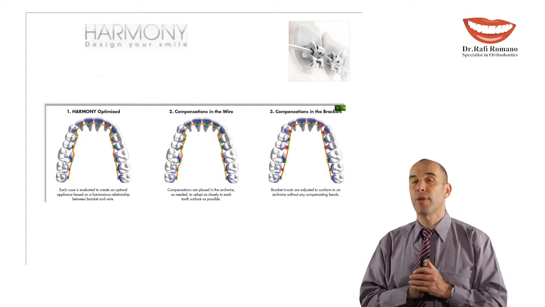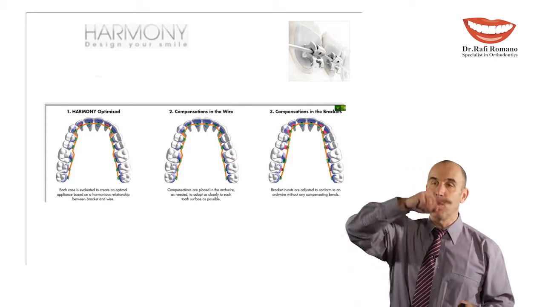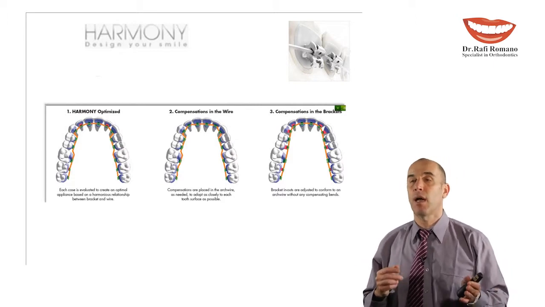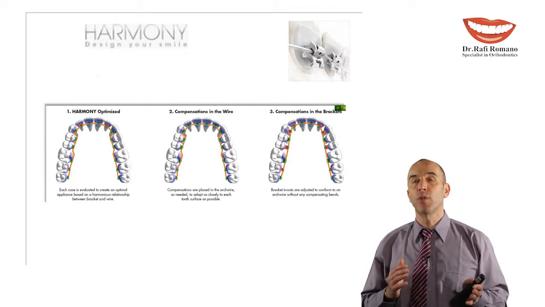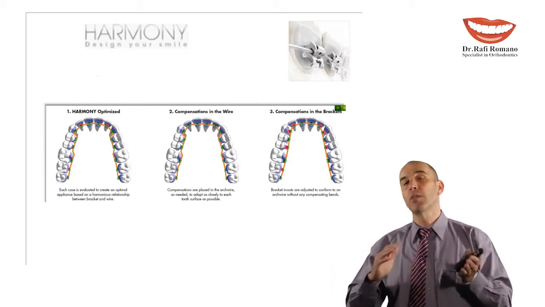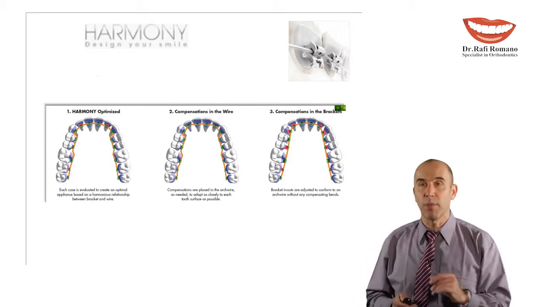And you can have a bracket which is wide, and then the wire will be almost straight wire. And you can find an option to order something in between, a bracket that will not be so big and the wire which will not be so bent. So in Harmony you have all these three options available for you.